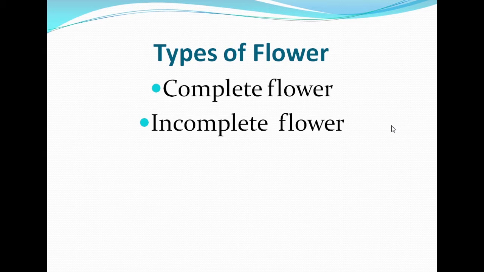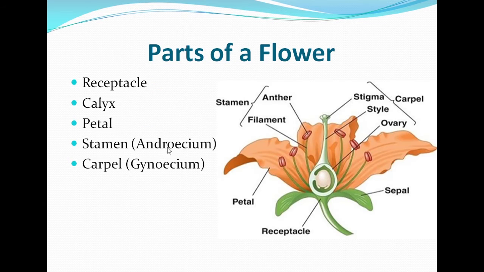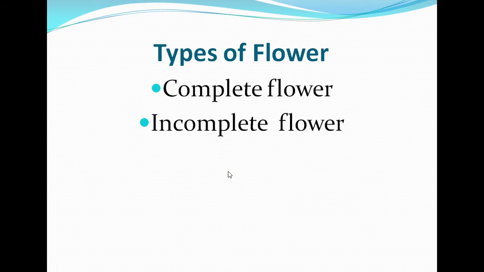Now, types of flower. There are two types of flower: complete flower and incomplete flower. When all the parts are present in a flower, it is called a complete flower, and when there is the absence of any part of the flower, then it is called an incomplete flower.